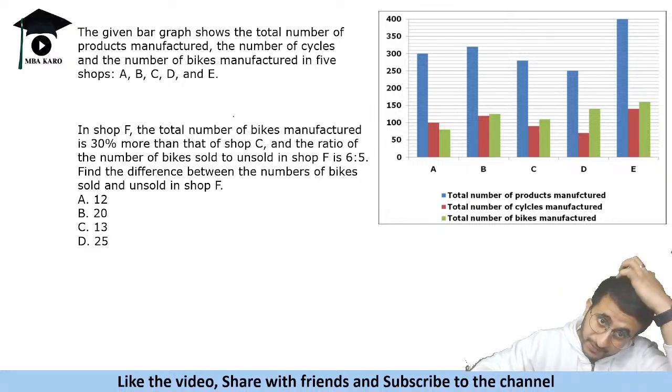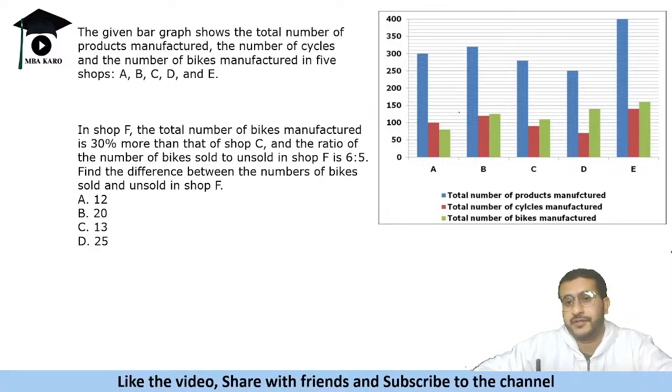So in shop F, the total number of bikes available. Now shop F is not given. So we have to take the number based on it and then calculate.